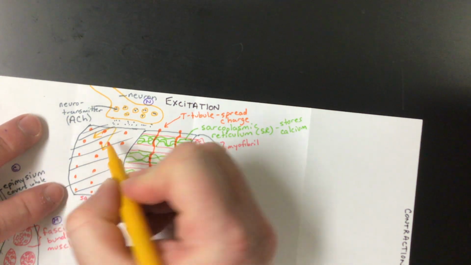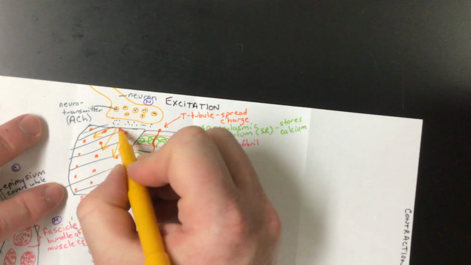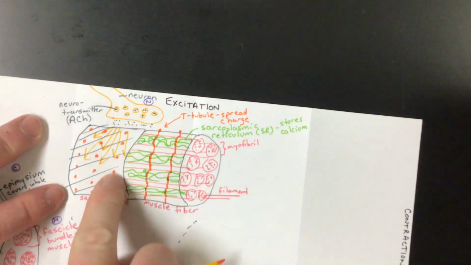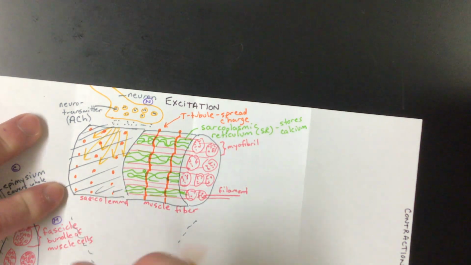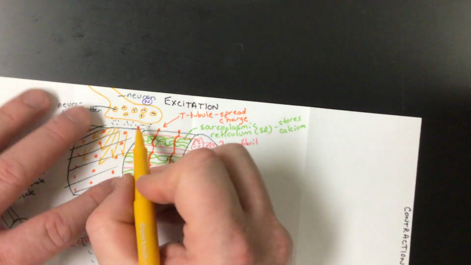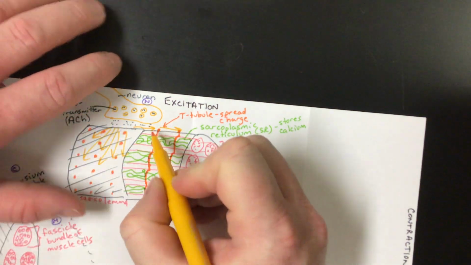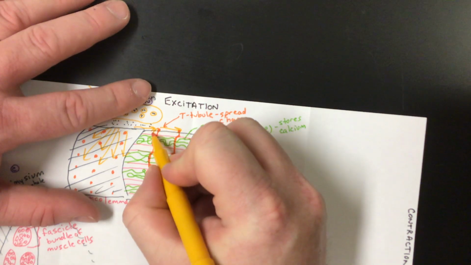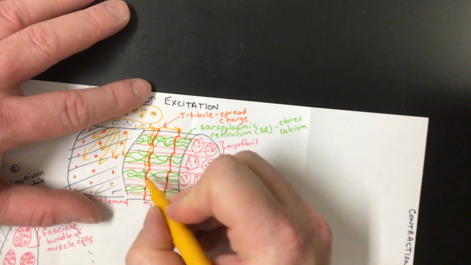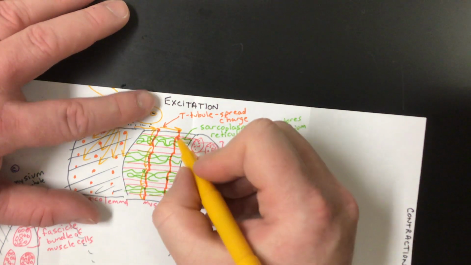And that signal starts to spread all over from the point where the neuron contacts the muscle. And then the T tubules take that signal and spread it down into the muscle.